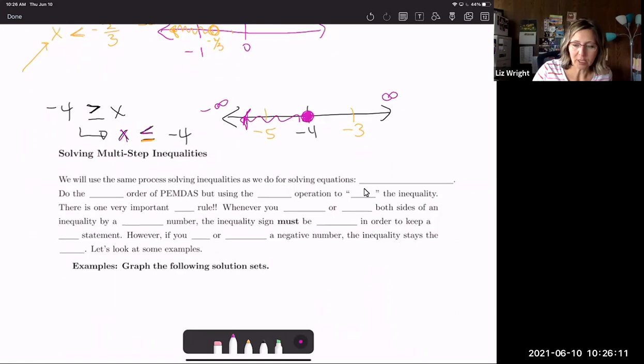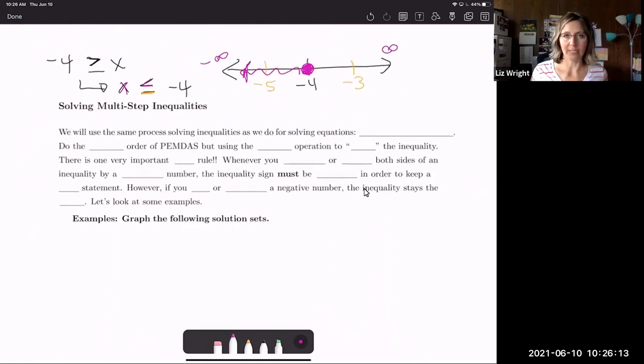All right, so let's talk about our steps for solving multi-step inequalities and how they're different from equations. So we are going to use the same process solving inequalities as we do for solving equations, where we isolate the variable.